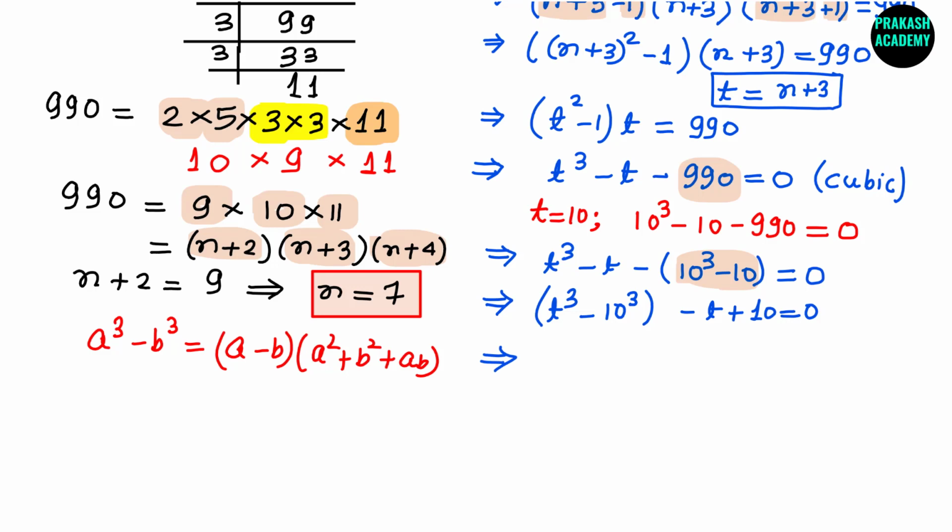So I can write this as t minus 10 times t square plus 10 square plus 10t, and if I take minus 1 common, this will be t minus 10. This is equal to 0.